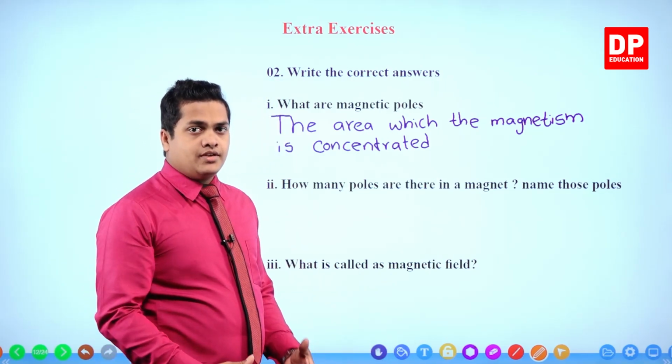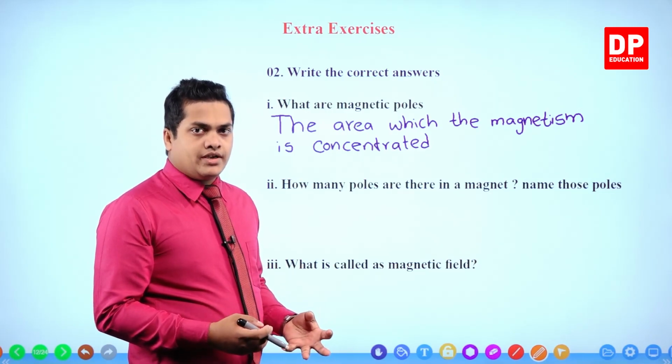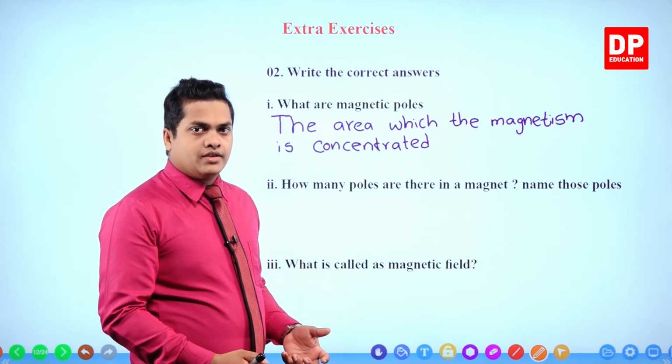Concentrated means here the amount of magnetism is really high, or the magnitude is very high, right?